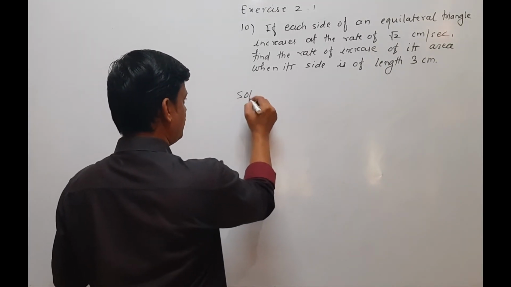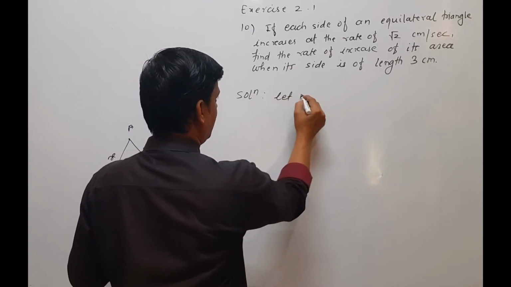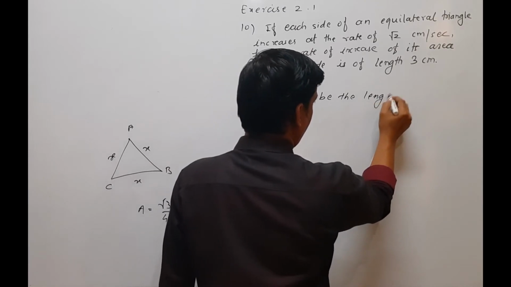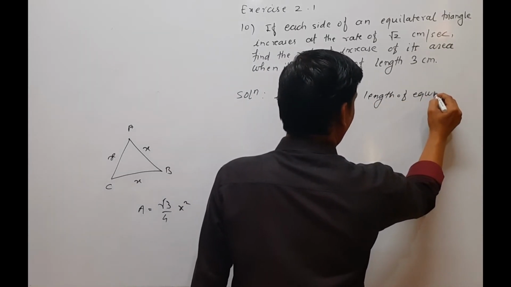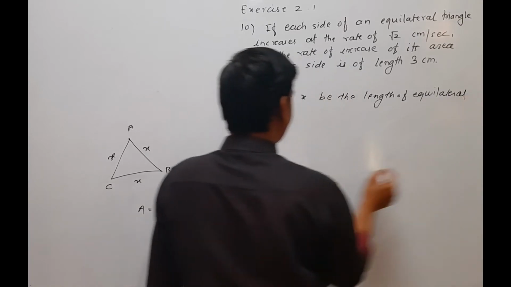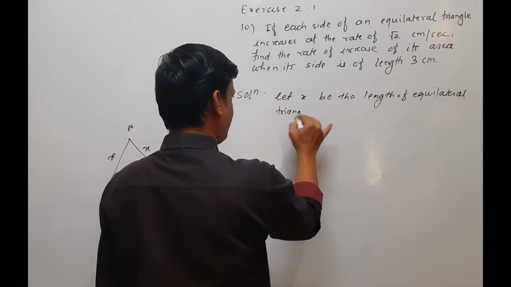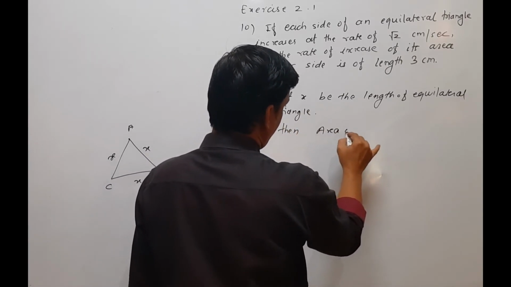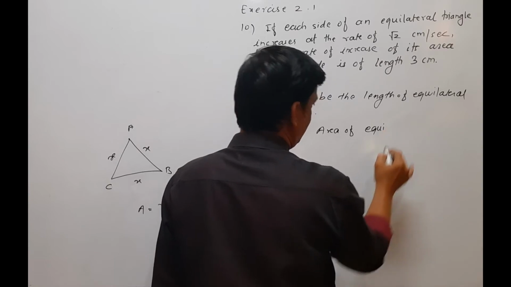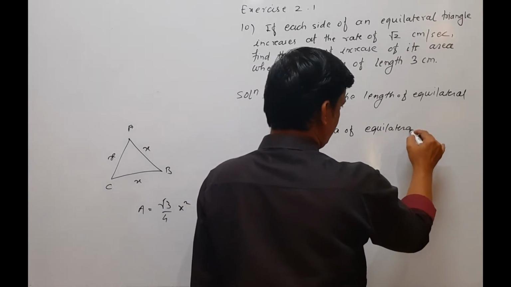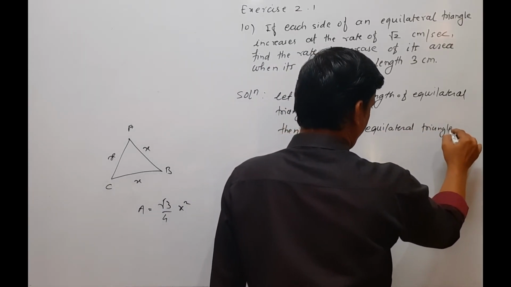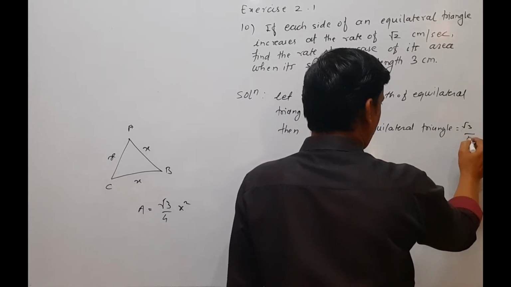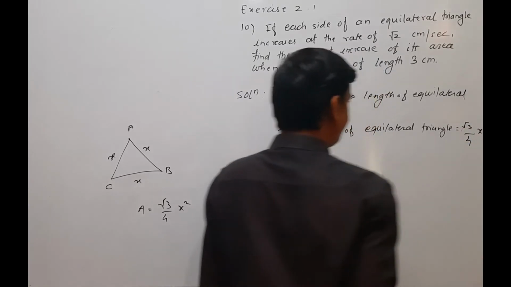So write here in solution, let x be the length of the side of the equilateral triangle, then area of equilateral triangle equals to square root of 3 upon 4 x square.